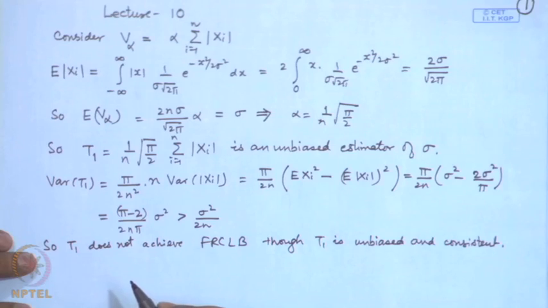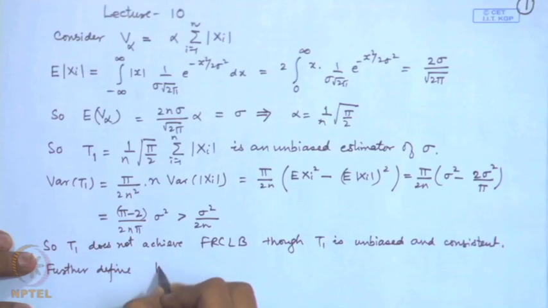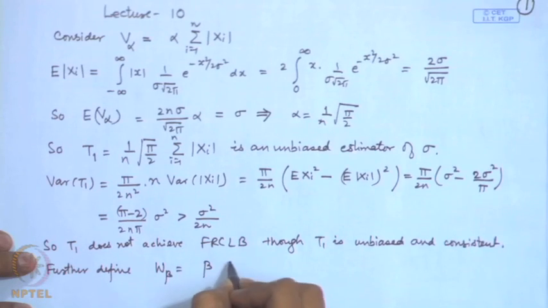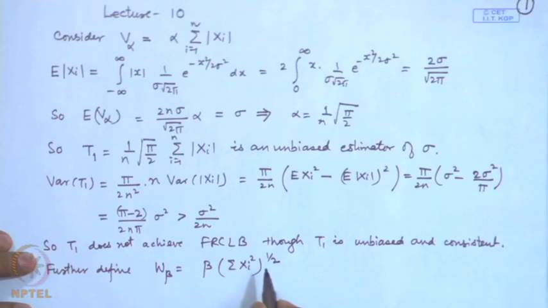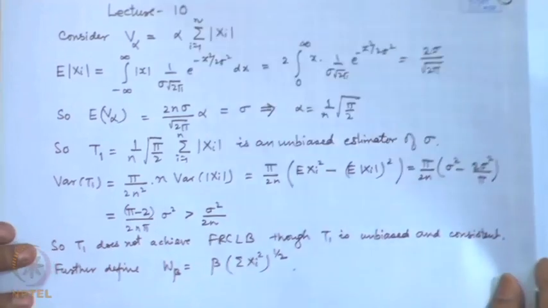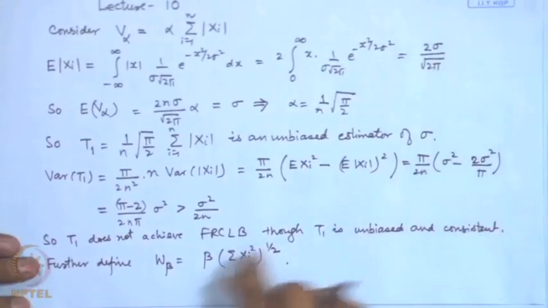Let me define another estimator here. Let me call it, say, W beta, that is equal to beta times the square root of sum of x i square. Now, if we want to evaluate the expectation of this, we can consider that if the x i's follow normal 0, sigma square, then x i by sigma will follow normal 0, 1.